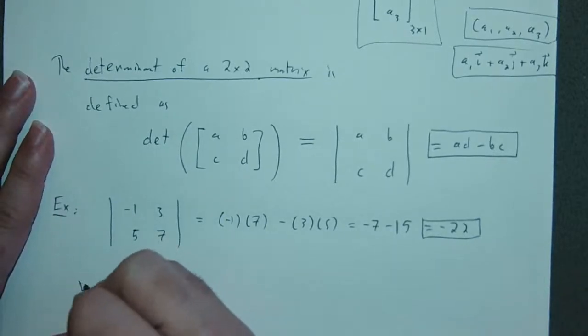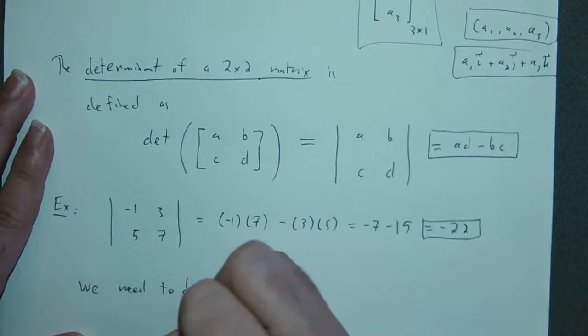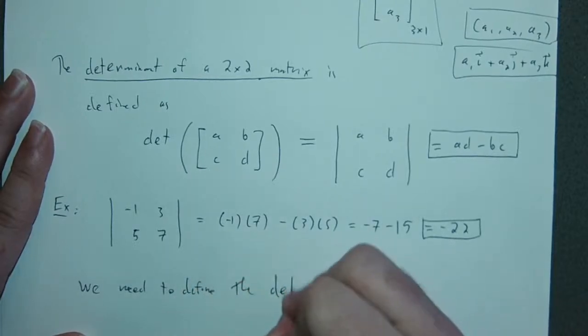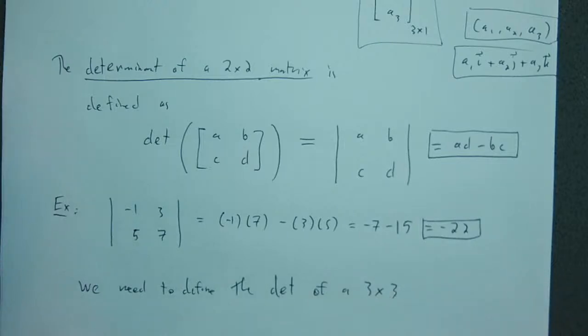Now we need to define the determinant of a 3 by 3. The determinant formula for larger and larger matrices can be defined recursively in terms of determinants of smaller matrices.